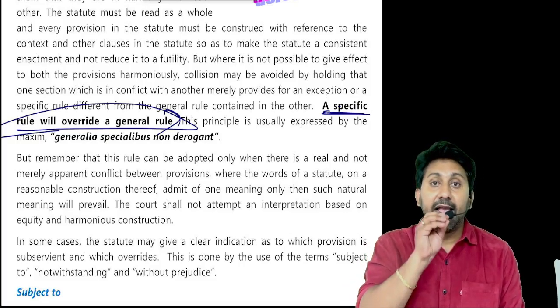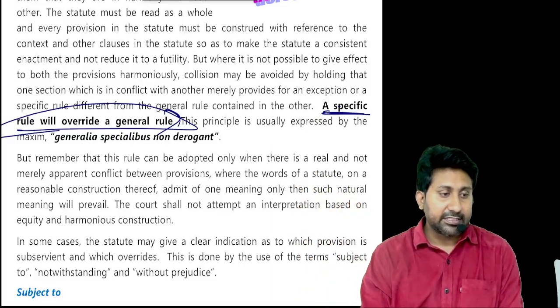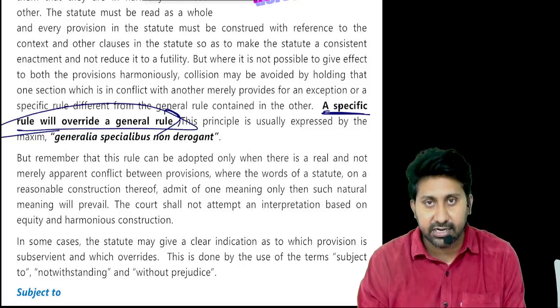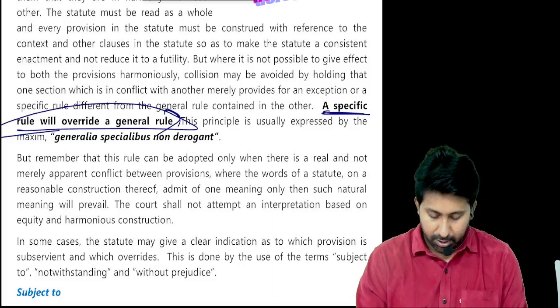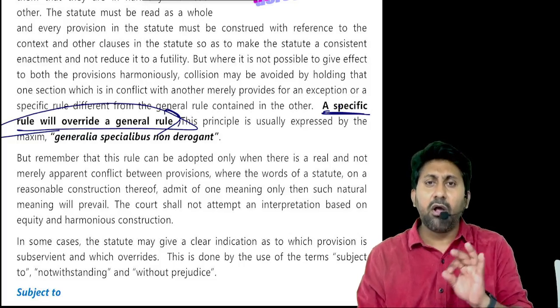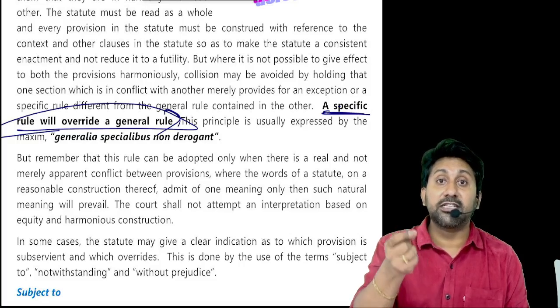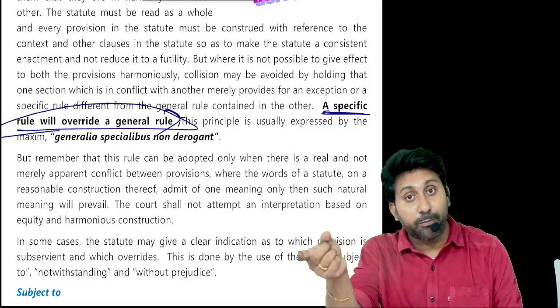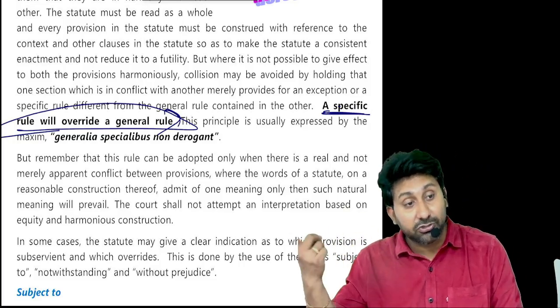Last point. Keep the heading: Exceptions to harmonious construction. Okay? See here. I will explain first, later you read. Harmonious construction cannot be used when the lawmaker uses the words subject to the provisions, notwithstanding the provisions, or without prejudice to the provisions.